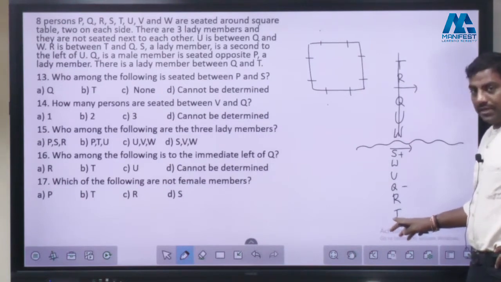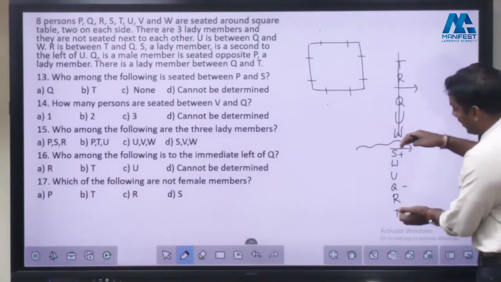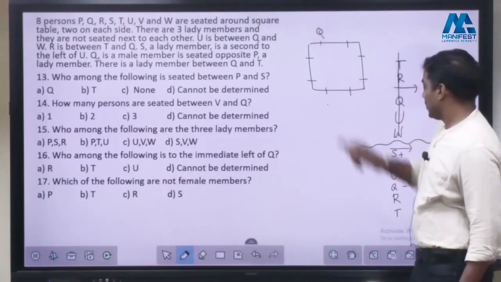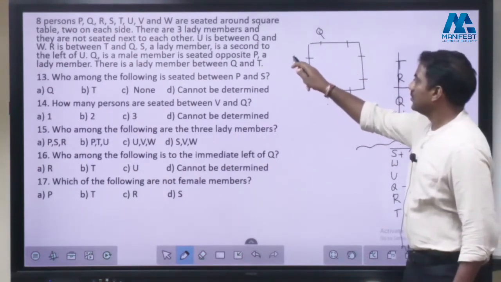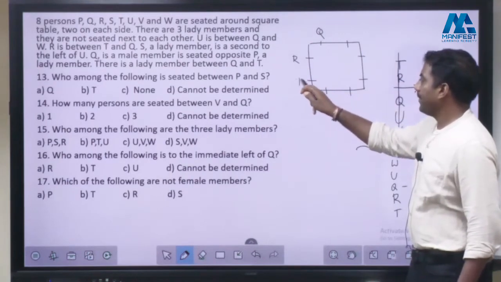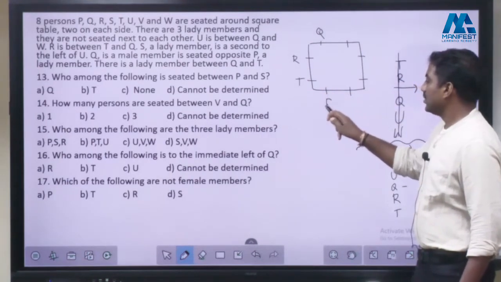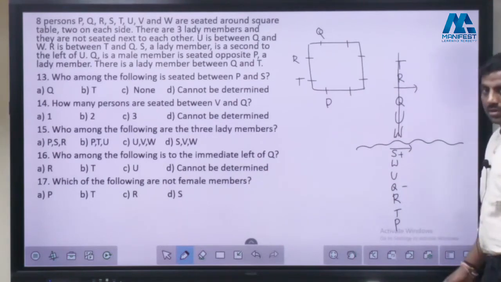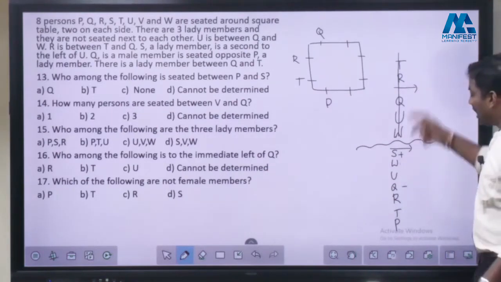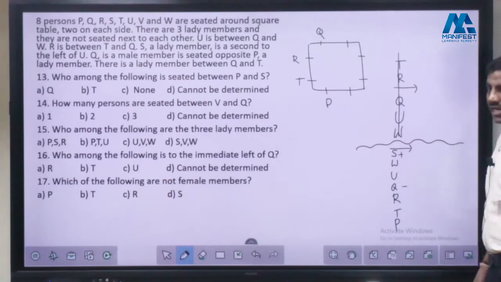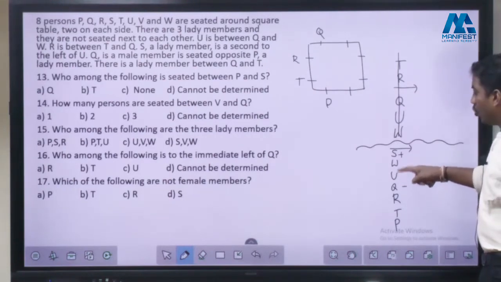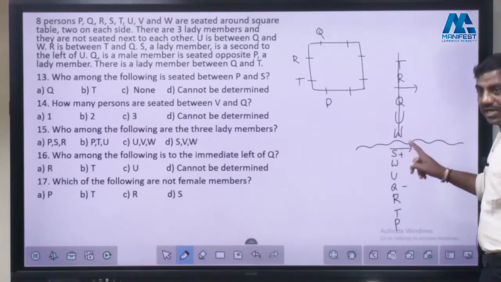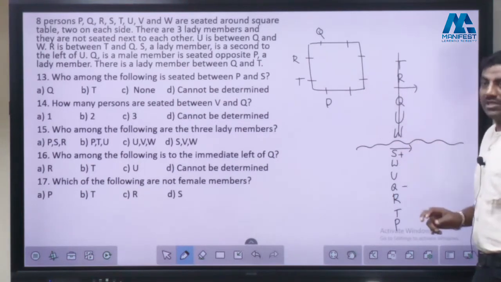If I put P here, I'll bring all of them and put Q here, then next to that R, next to that T, next to that is P. So can I take P here? Okay, if I take on another side, 2 persons are over, I have to put P here, but already S is there. I can't do that. So this is the only possible thing.